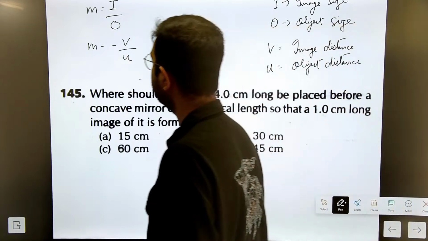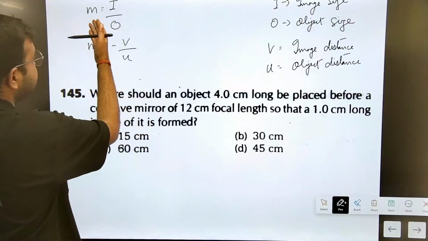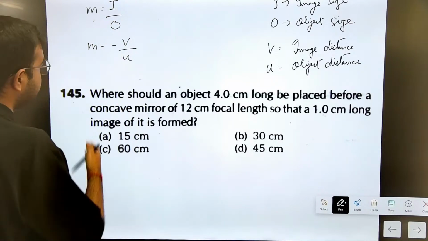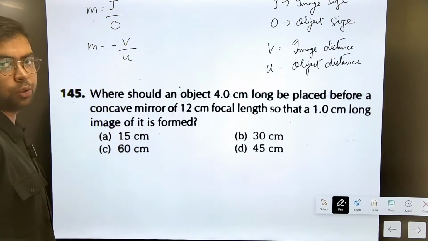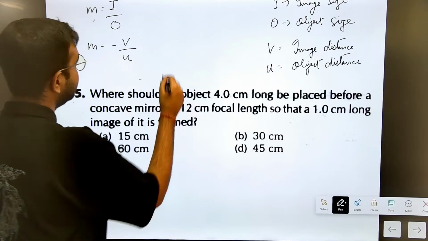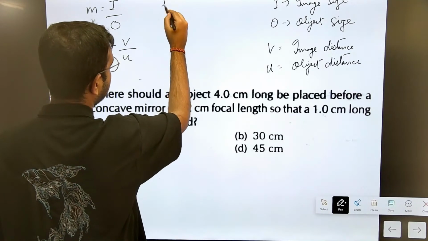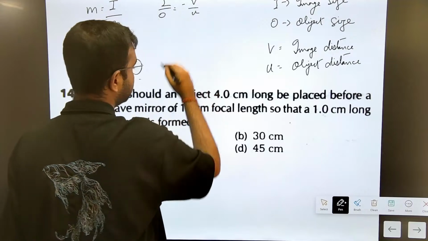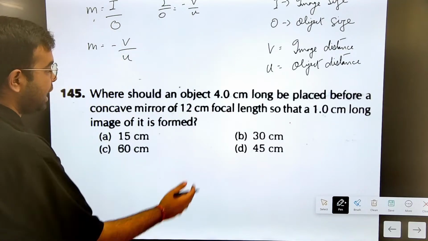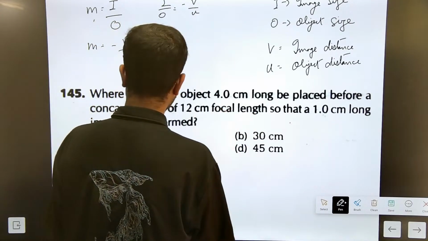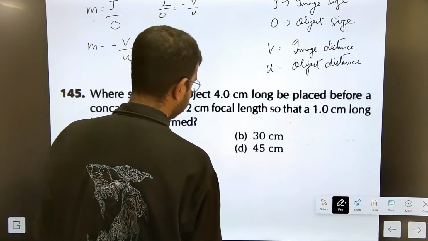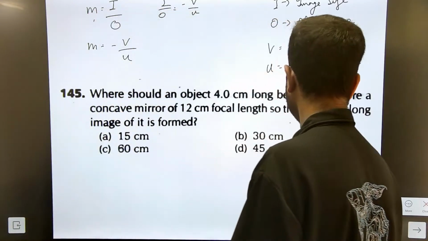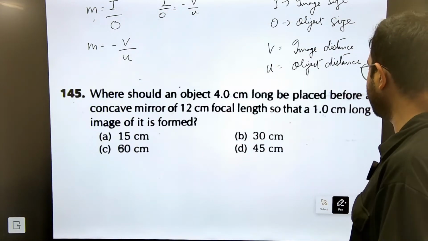सो नाउ इफ यू लुक हियर, magnification is equal to I by O, magnification is equal to minus V by U also. So what can we write? We can say that I by O equal to minus V by U, ठीक है. I हमें क्या दिया है क्वेश्चन में? I is the image size.